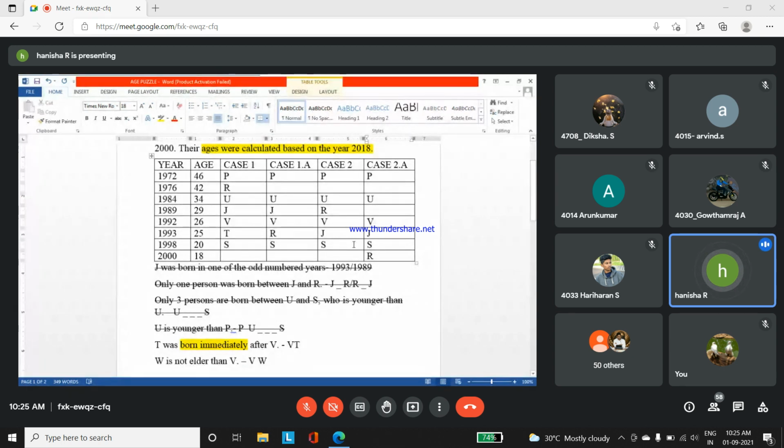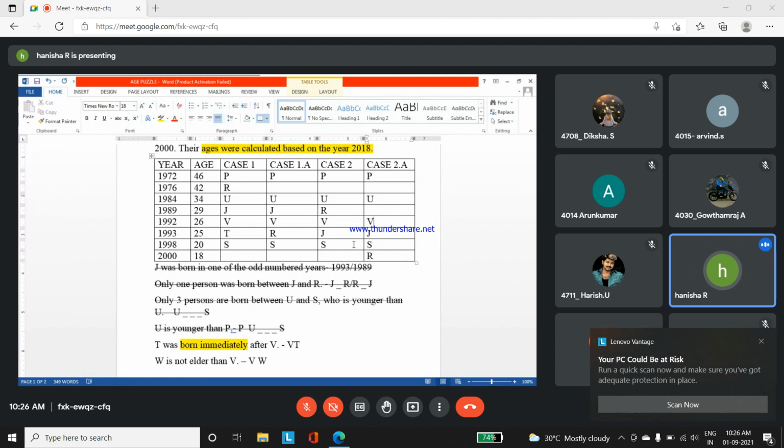Always remember, in a puzzle question, the question will be framed in such a way that all the clues will be satisfied. You will not have any problem in solving any of these clues. Only in that case will we consider it as a right one. If there is any problem with any one of the clues, then it will not be considered as the correct possible case for this particular question.